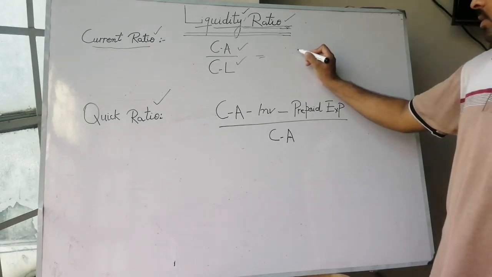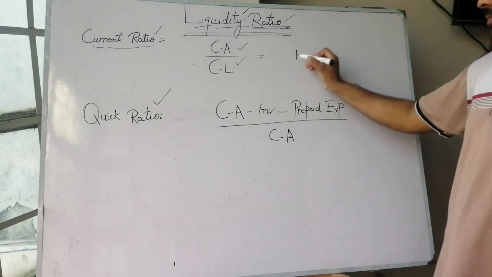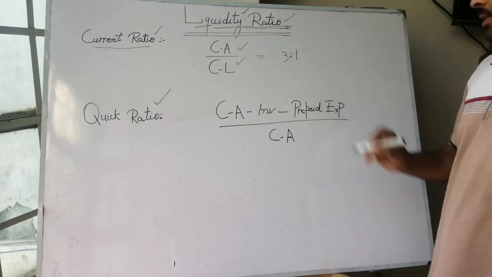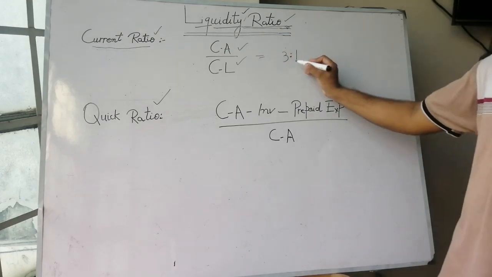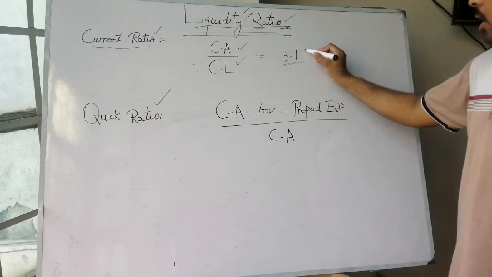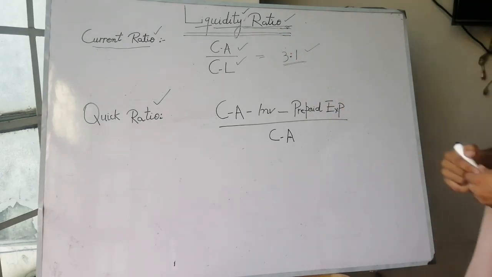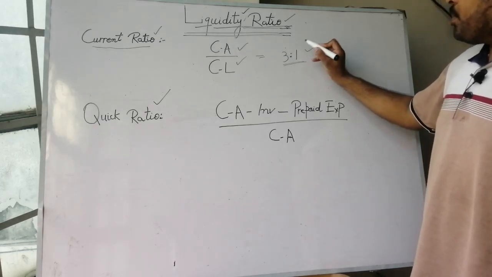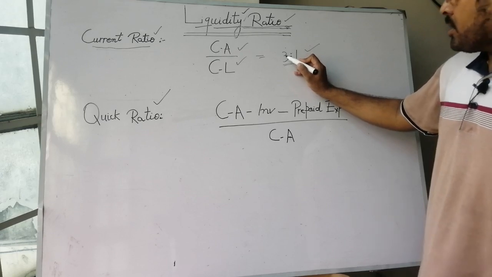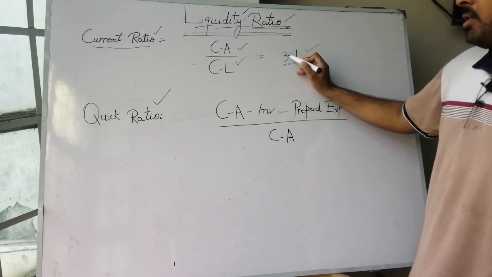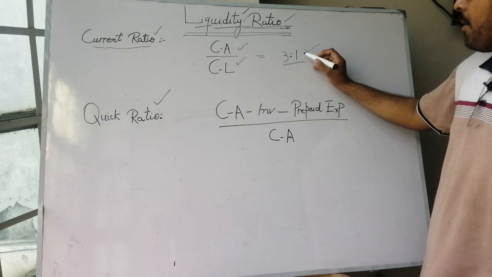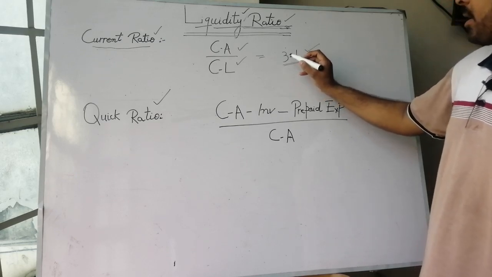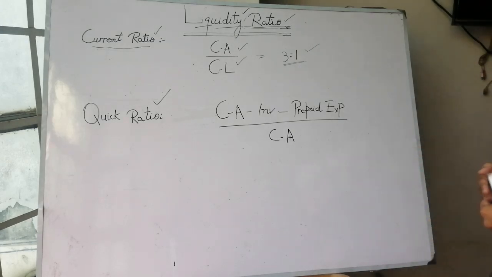Suppose the ratio is 3:1. It means that to pay a liability of 1 rupee, you have assets of 3 rupees. For paying every 1 rupee of liability, you have 3 rupees of assets as backup. So this is a very good liquidity ratio.